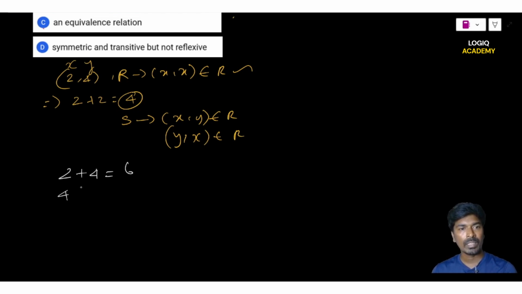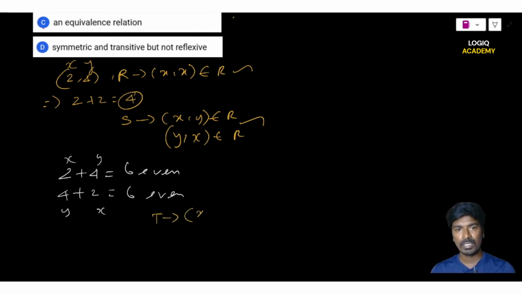This is x plus y. Then 4 plus 2 is equal to 6. 6 is even. So x plus y is also even, y plus x is also even. So it is symmetric. Then go for transitive.